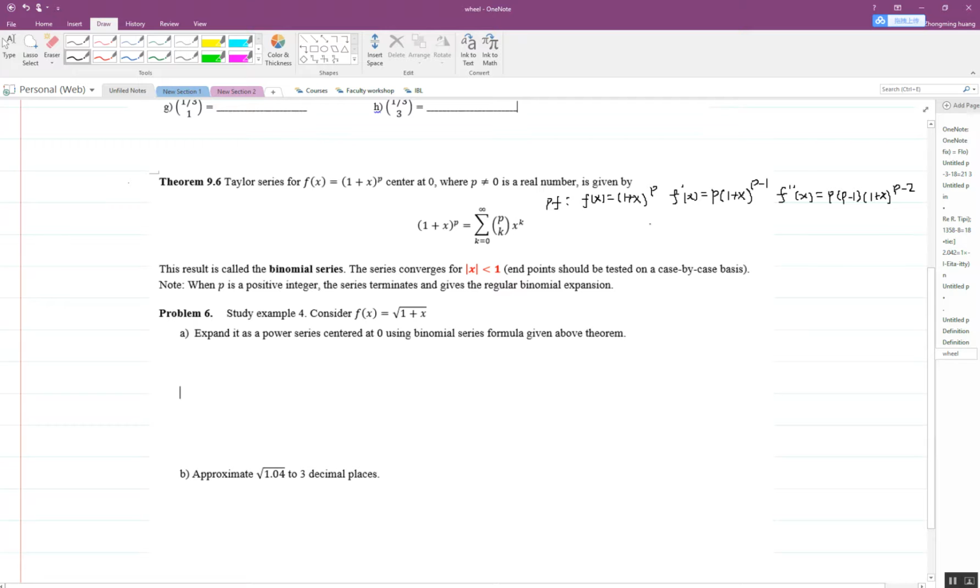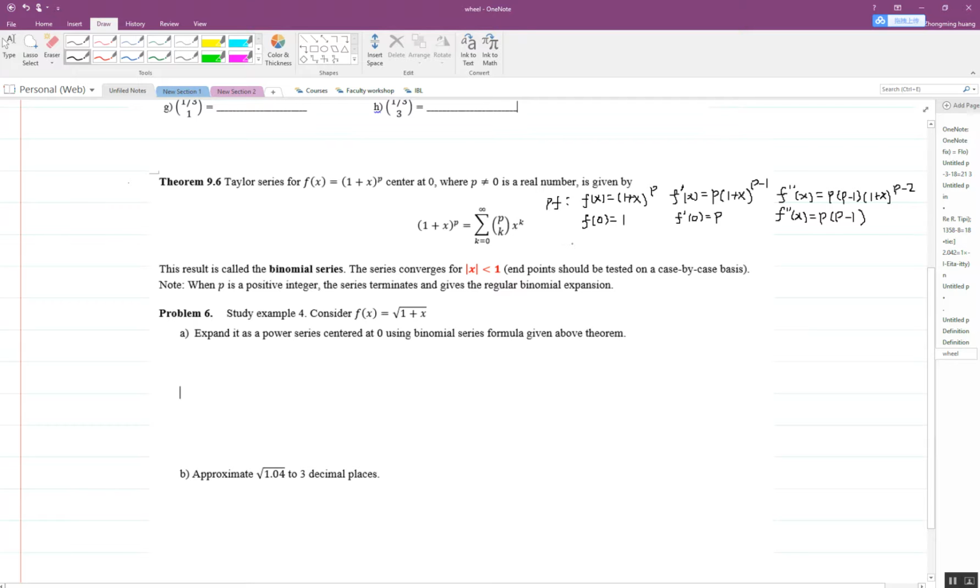I'm just going to do these 3 terms. When you evaluate at 0, the first one will be 1. The second one, f prime at 0, will be p, because if you plug in x equals 0, this term will always be 1. And then f double prime will be p times p minus 1, right?